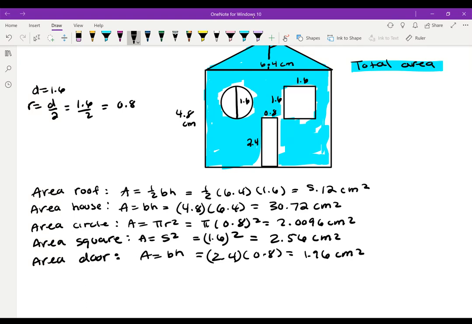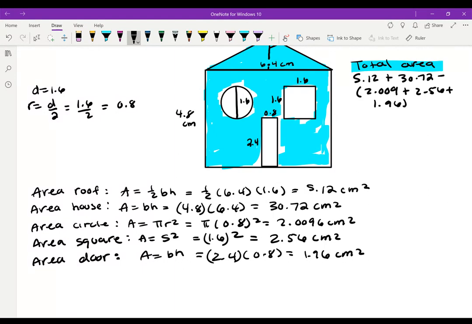So my blue shape is going to be the area of the triangle, so the roof, which is 5.12, plus the area of the house, which is 30.72. And then from the area of the house, I'm going to subtract all of these windows and doors. So minus, let me add the area of the circle, so 2.009, plus the window, so that's the square, 2.56, plus the door, 1.96.